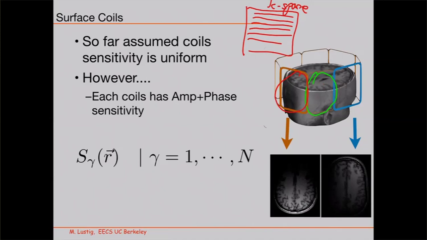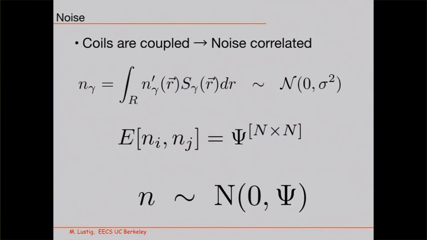Currents that flow over here may couple and also induce currents in the other one. So whatever one coil sees, the other one also sees. They don't see exactly the same thing, but there's some overlap, so there might be some correlation between the measurements of these two. Okay, so coils are coupled and hence the noise is also correlated.